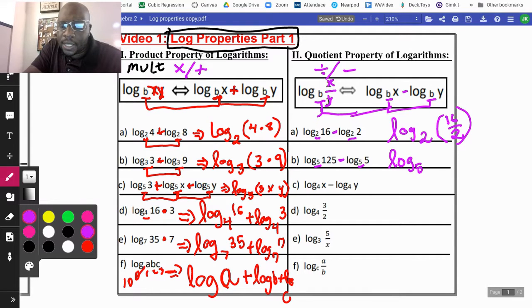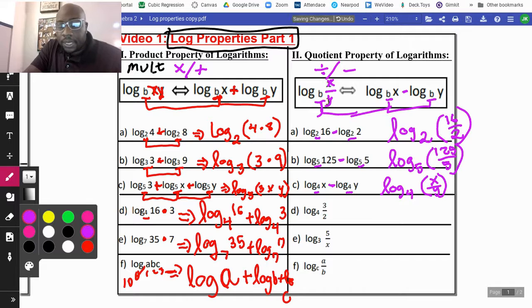This is a minus, so it will be associated with dividing, and you start with the first number, 125 over the second. Let's keep going. Log base 4 and log base 4. So you write your log base 4, and because there's a minus, it will be dividing, and you start with the first one, x over y.